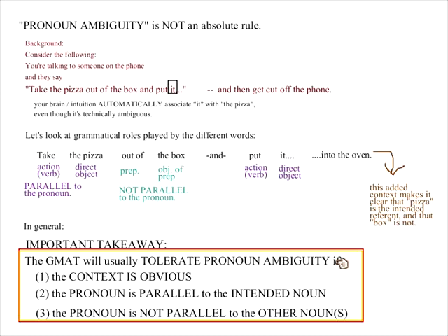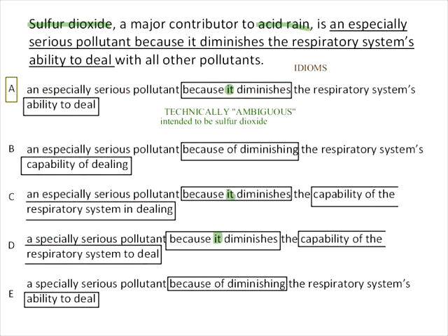Okay, so I think we've got a pretty good receptive audience here. So if we go back to this problem, let's check our three conditions here. So we've got, is the context clear?